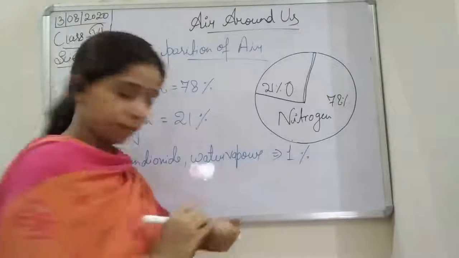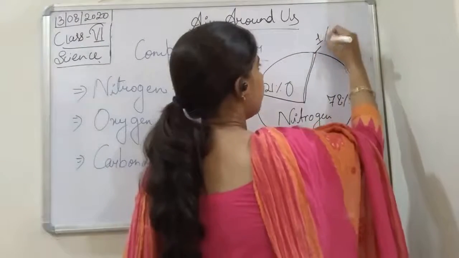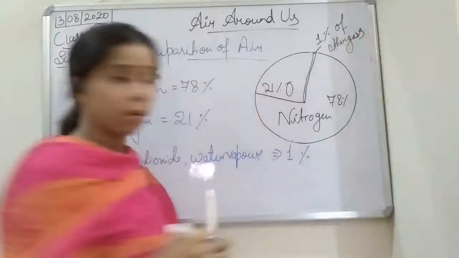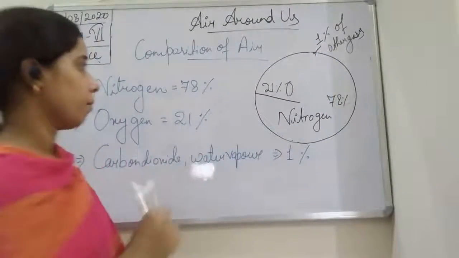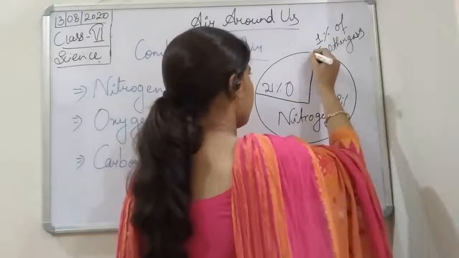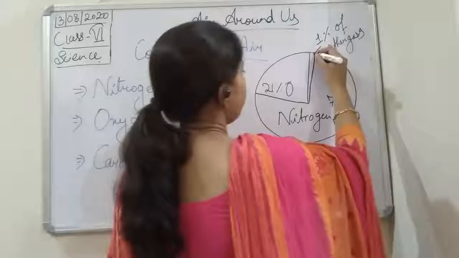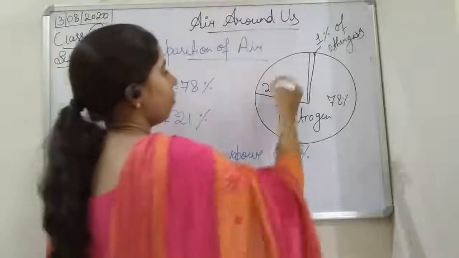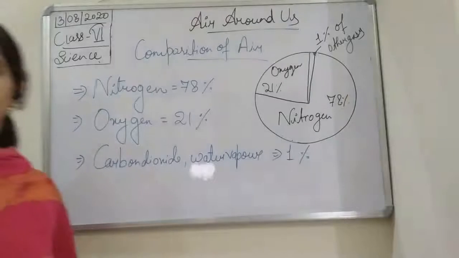Okay, so we can say that only 1% is other gases, 21% is oxygen gas, while 78% is nitrogen gas.